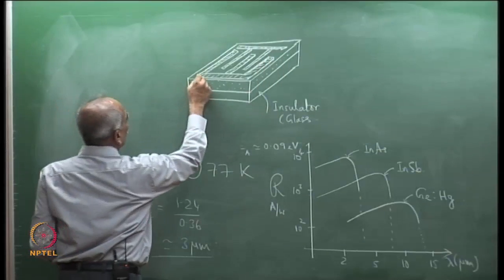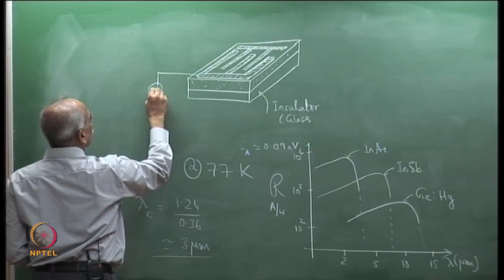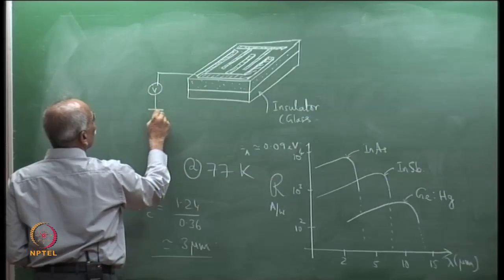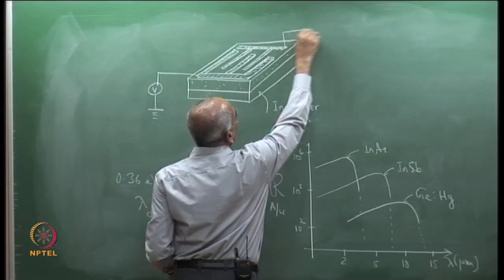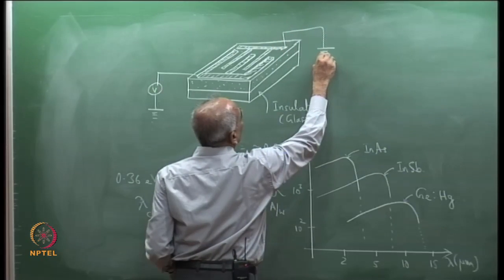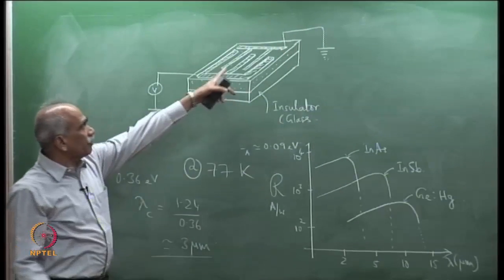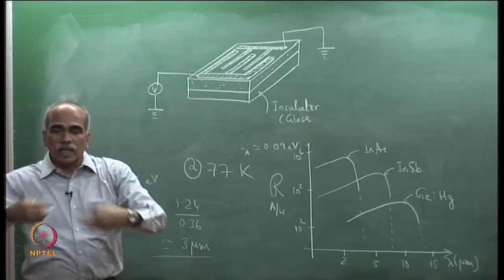So, this electrode here, for example, is connected to a supply, and this is the other electrode which is grounded. So, there is an electric field between this finger like structure.